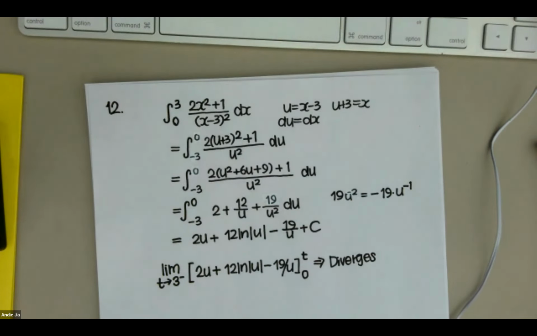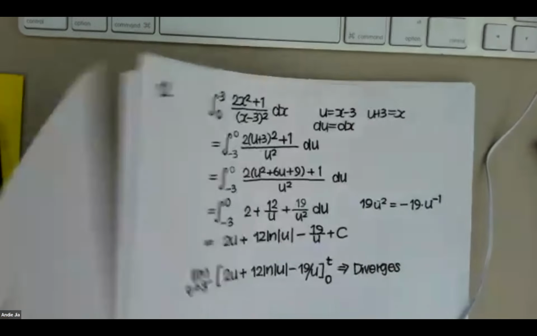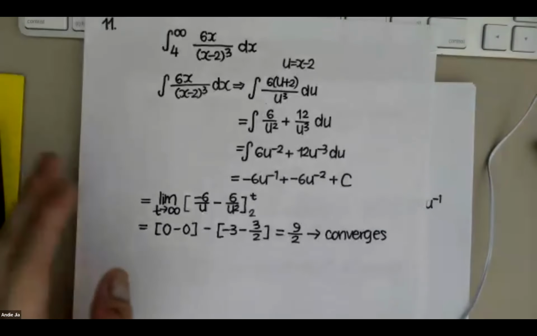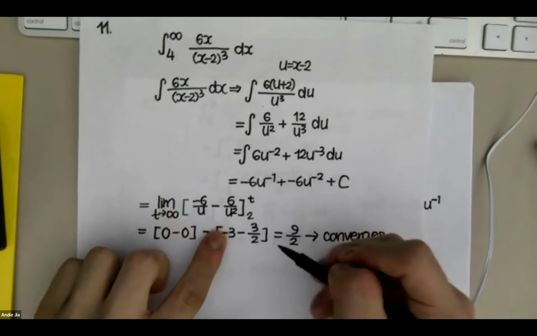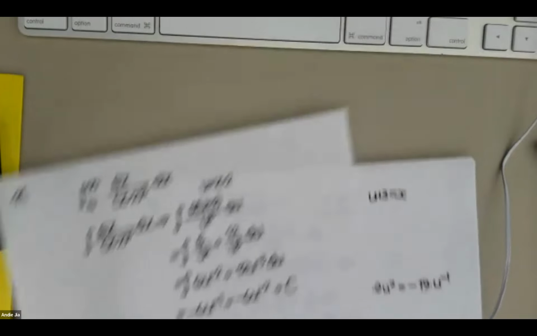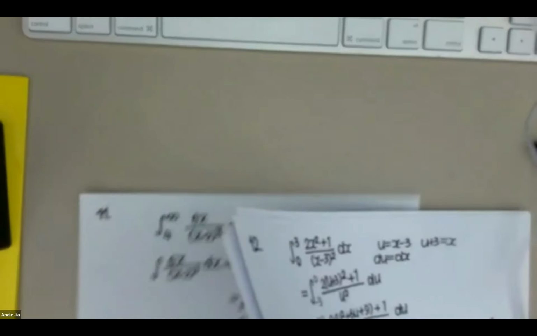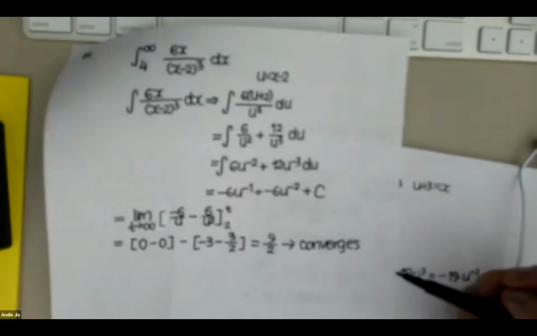Does this make sense? What's the difference between diverging and converging? Converging is when you evaluate the limit and it is an actual number. If the limit exists and is a number, then it converges.